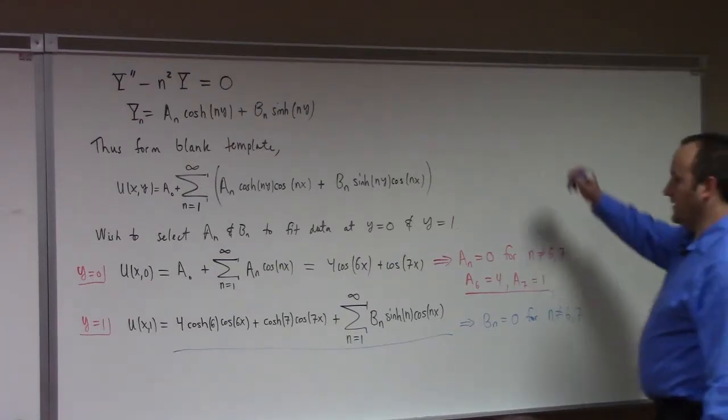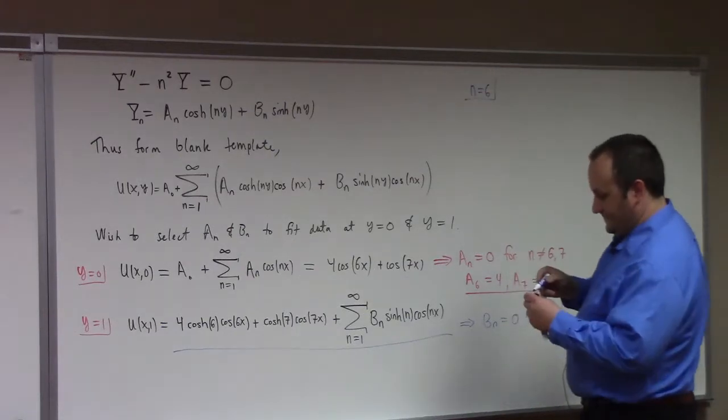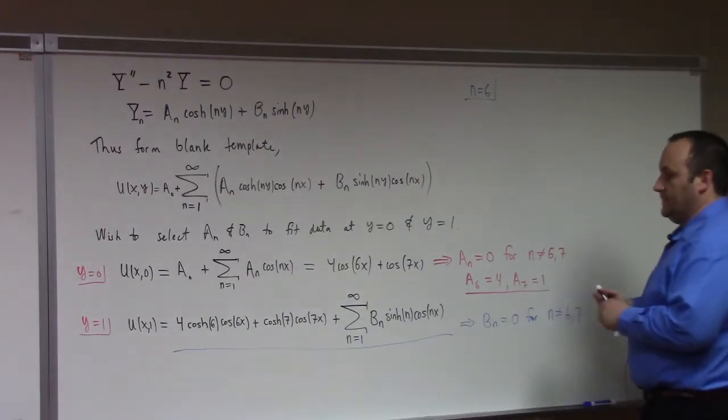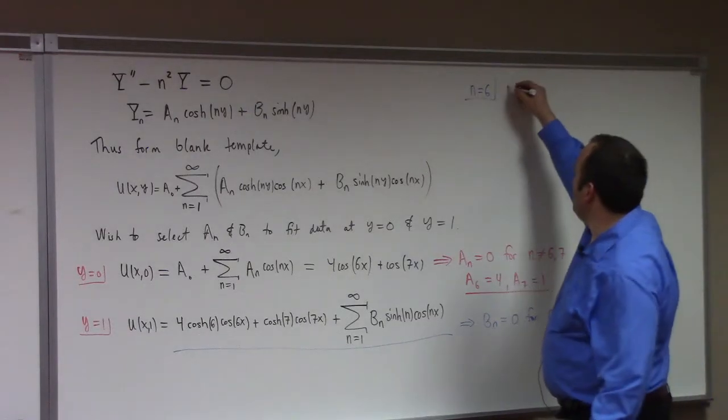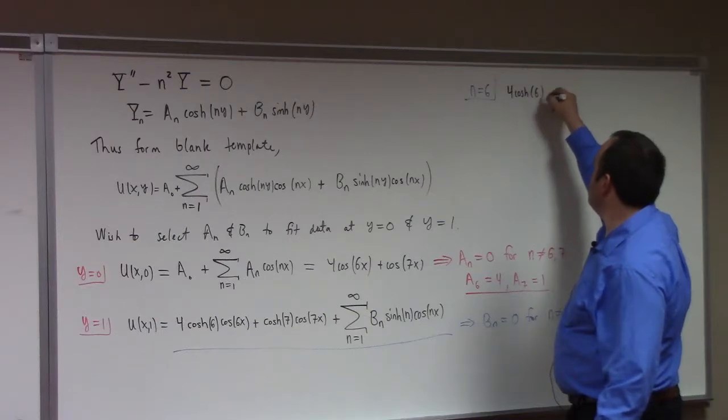And for n equals 6, what do I get? I get 4 cosh of 6, right?